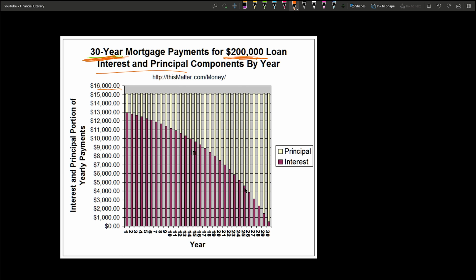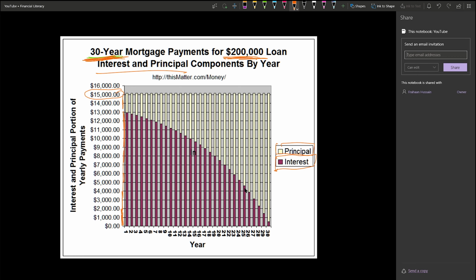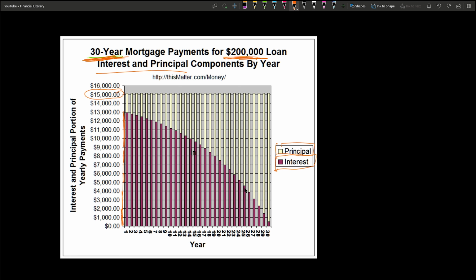So they're paying $15,000 per year. But what's really interesting is this part here. So you've got the principal and then you've got the interest. If you look in year one, the majority of the $15,000 payment, so $13,000 of that $15,000, is interest, and only about $2,000 roughly is the principal.